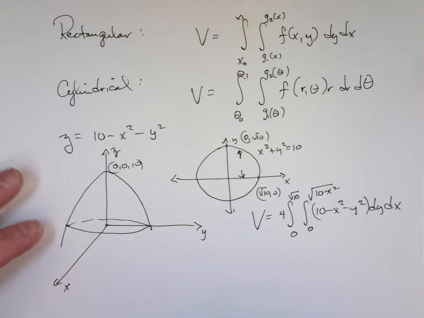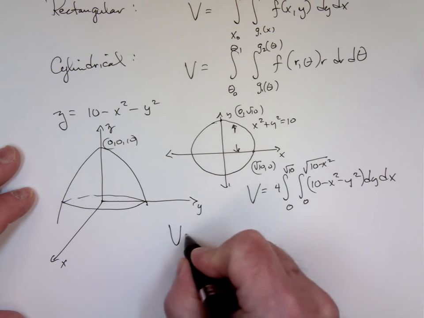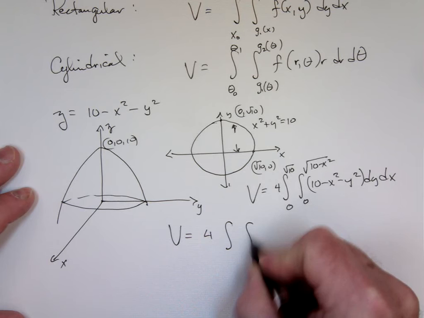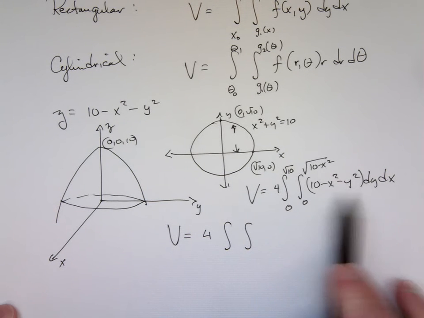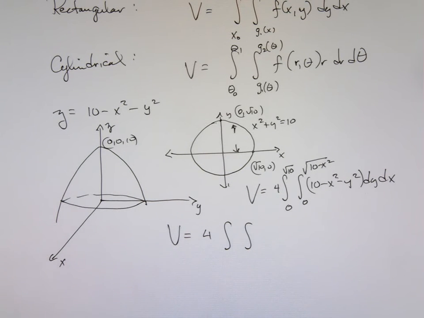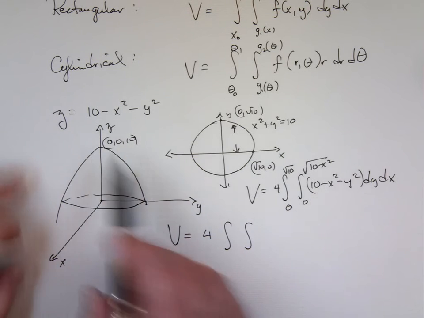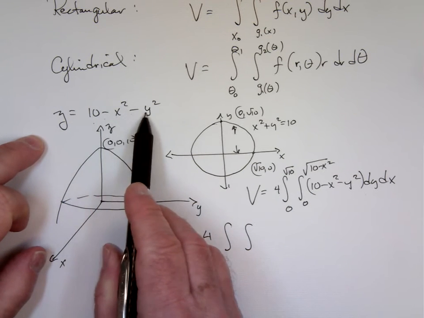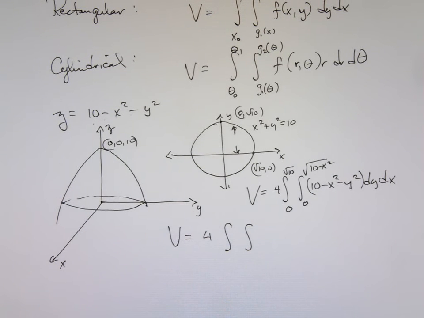In cylindrical, 4 times. Now, what happens to our surface? This surface is z equals 10 minus x squared minus y squared. What are we going to have to do? We're going to have to change it to the cylindrical coordinate system. What does 10 minus x squared minus y squared become in cylindrical coordinates?